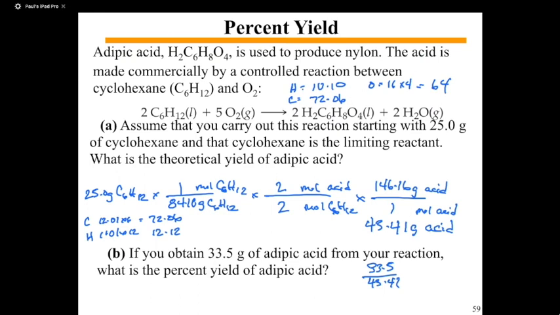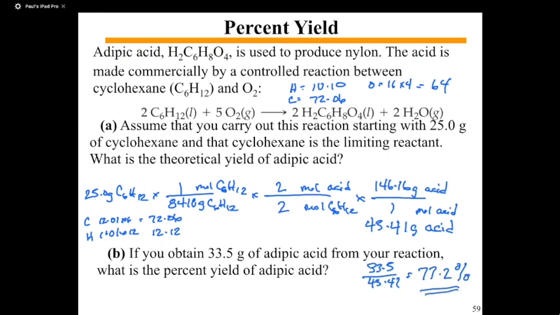Oops. Well, if I put the right numbers in, it would be helpful. Times 100. No, that's not right. 33.5 divided by 43.41. That's better. 77.2%.